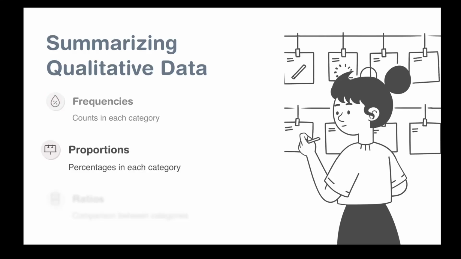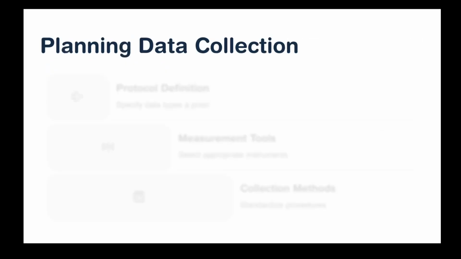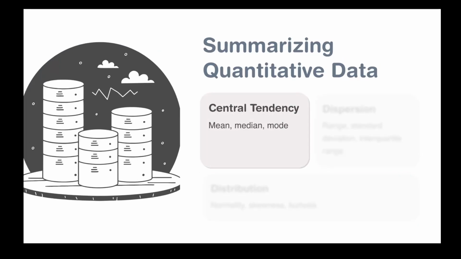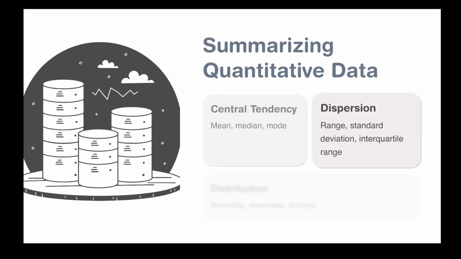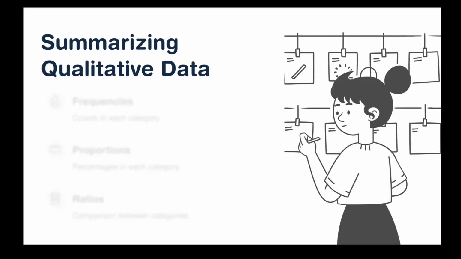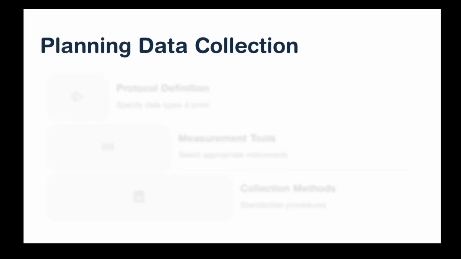We do percentages in each category, that is called proportions, and we compare between the categories, that is called ratios. So I'll just summarize this. For quantitative data, two things: central tendency and dispersion, and then finally the distribution overall. Whereas for qualitative data, frequencies, proportions, and ratios are the three important things.